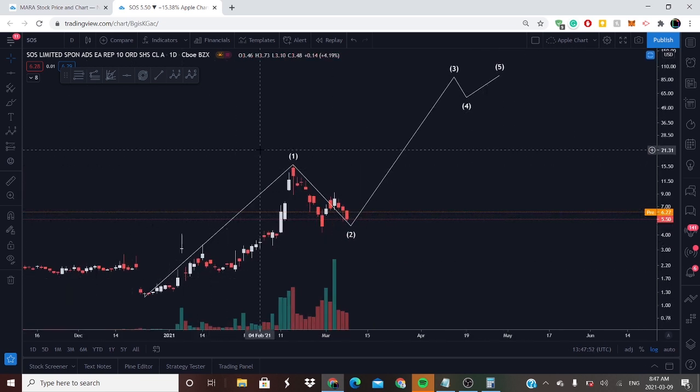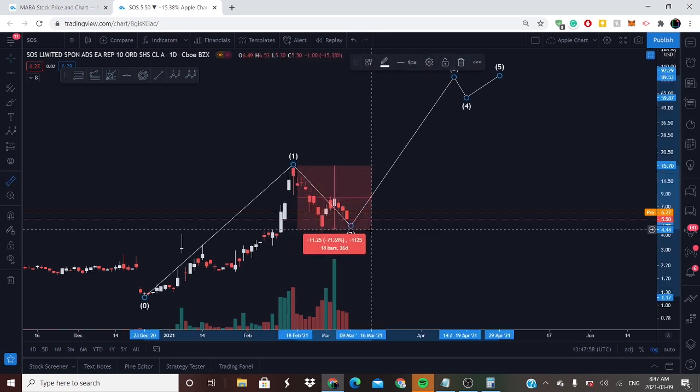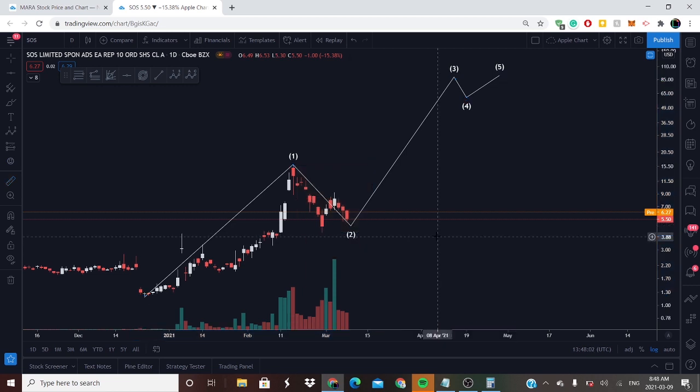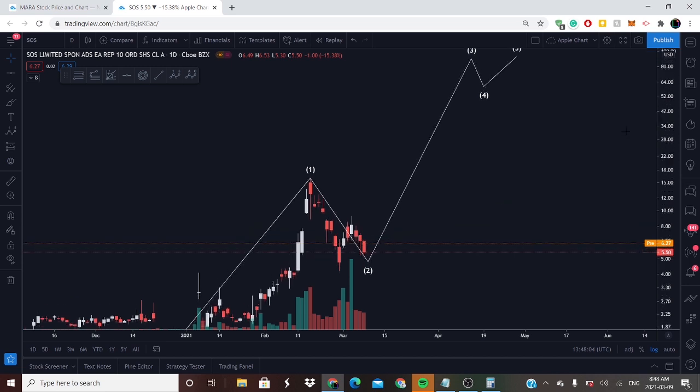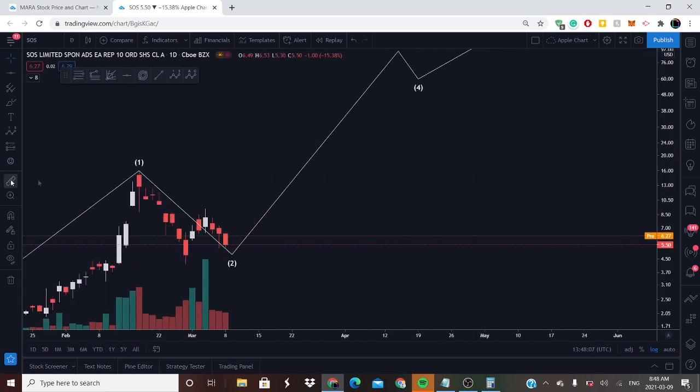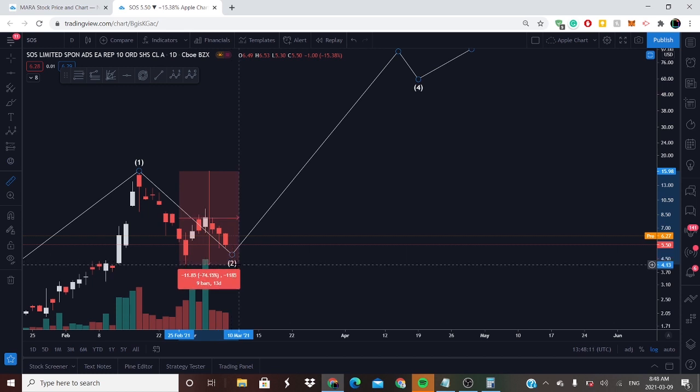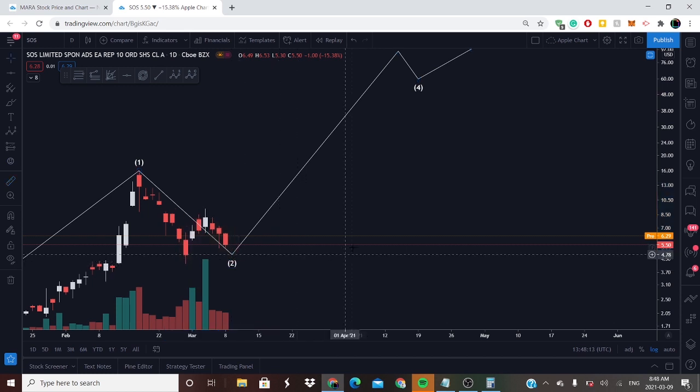So we had our wave 1, then I can say, okay, like I said last time, let's see how much of wave 1 did we retrace. So we retraced about 73% in total. So that correlates. I'm just ballparking it, but if you did the exact measurement, it would be 76%. About 76%.